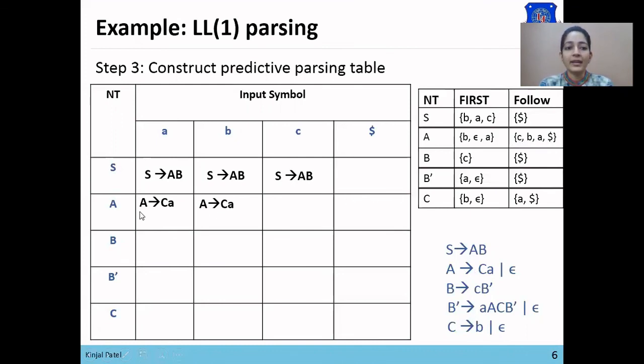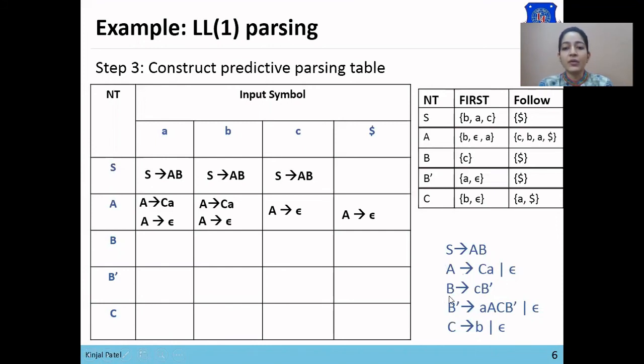From A to A, A derives null will be added. Then from A to B, A derives null will be added. Then from A to C, A derives null will be added. And from A to dollar, A derives null will be added. So here we have made the entries of A derives CA and A derives null.